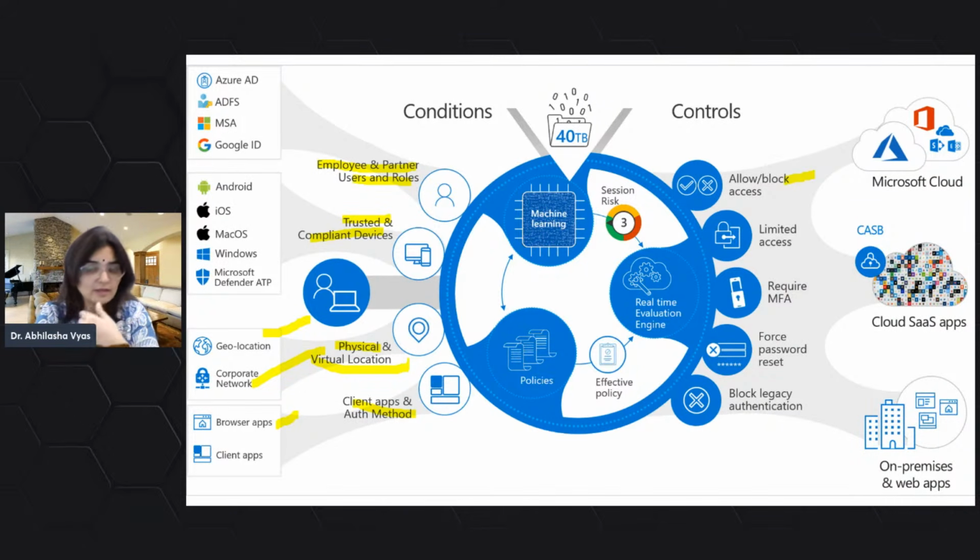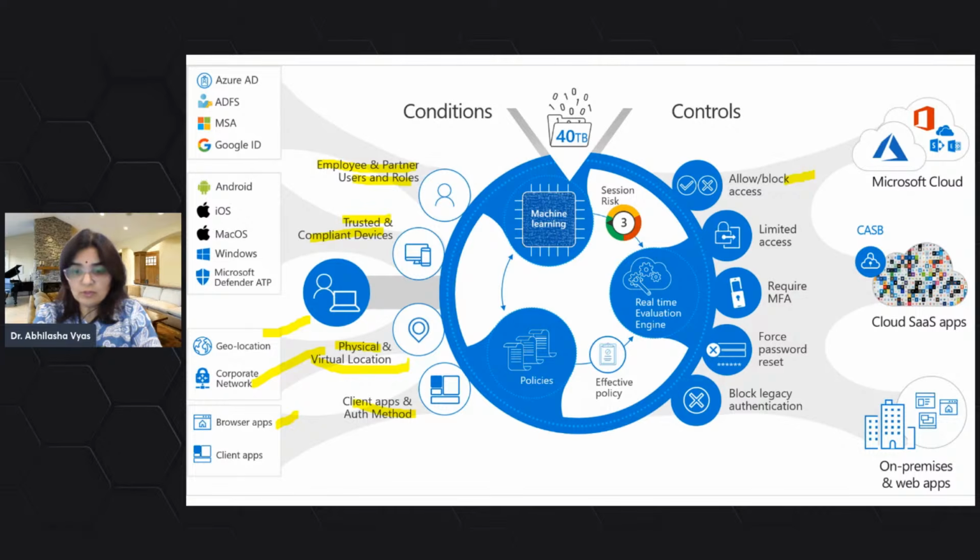We can require MFA. We can force a password reset as well, or we can block legacy authentication. We can manage cloud SaaS applications, on-prem and web applications, and also we can manage access to all the cloud resources. So that's how the entire scenario works.